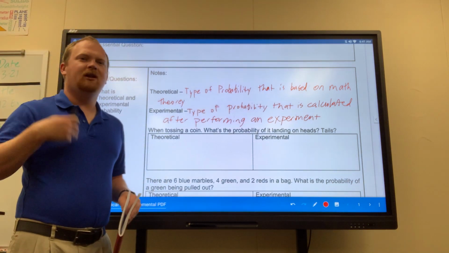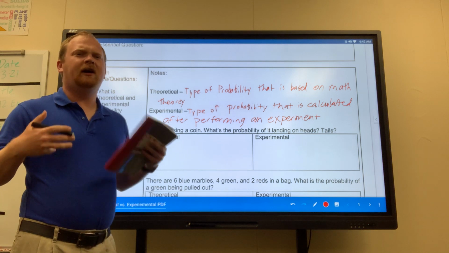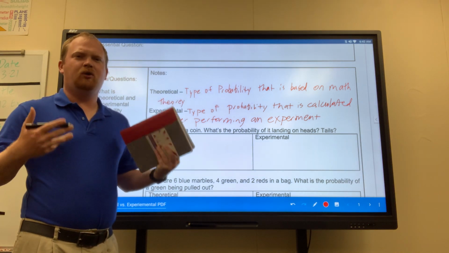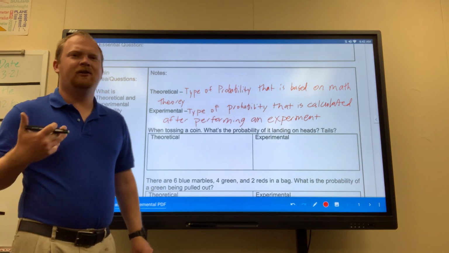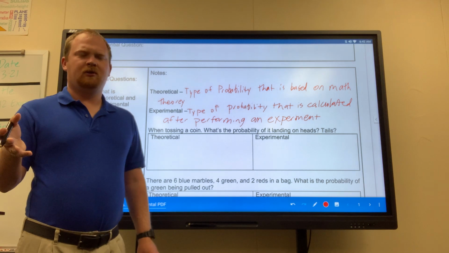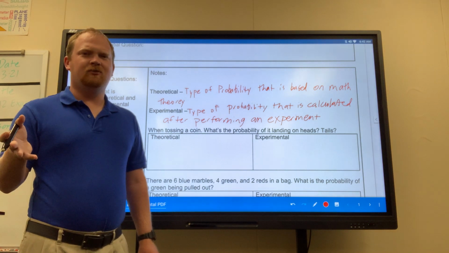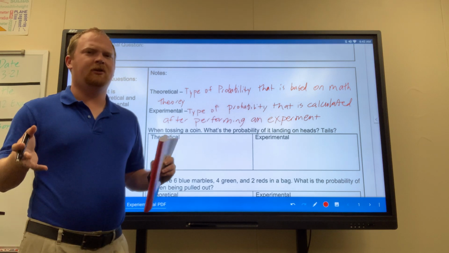And if I keep doing it and doing it, then I eventually figure out what the chances were. What did I come up with? Like for example, if I would have done it 100 times, I can get 48 evens and 52 odds. That's experimental probability.